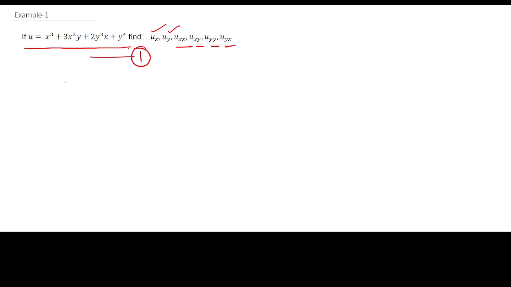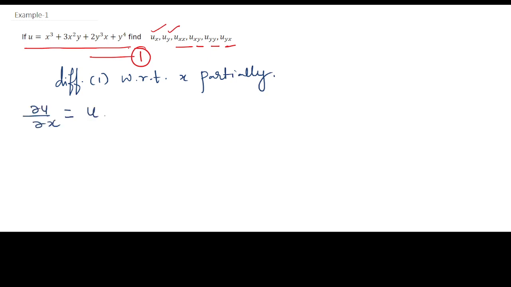Now differentiating 1 with respect to x partially, you will get dabba u by dabba x, which we denote as ux.